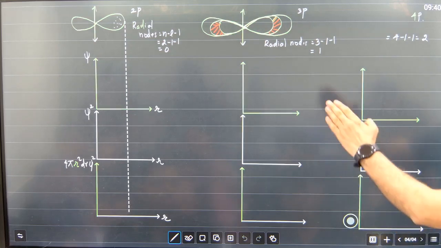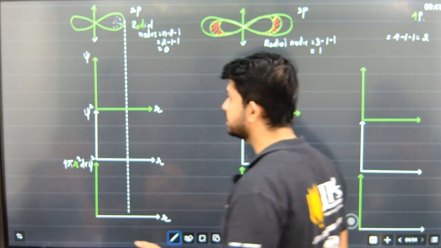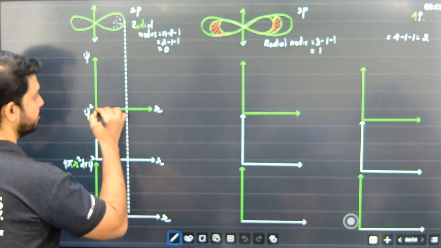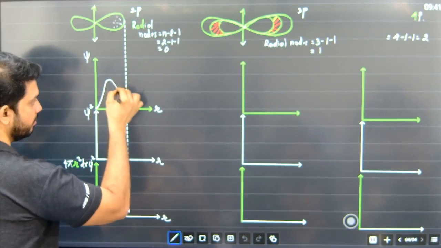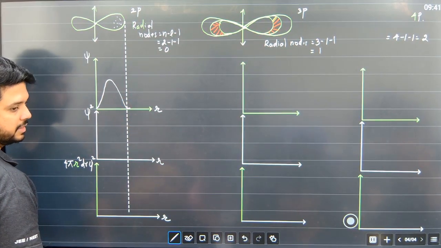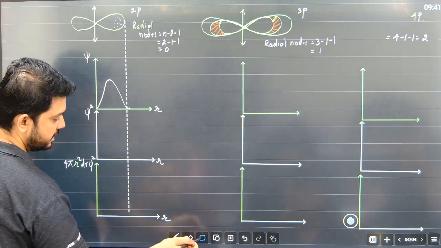What happens in case of p subshell, people? As you move away from the nucleus, the probability to find the electron increases. Did you people get that? But what will happen in case of 3p when there is a radial node?